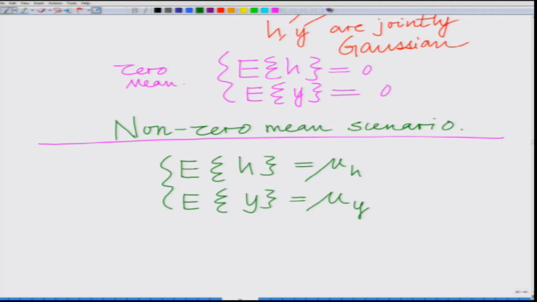So, we are now considering non-zero mean random variables, so they have means which are not 0.